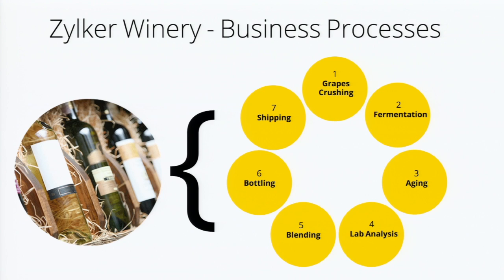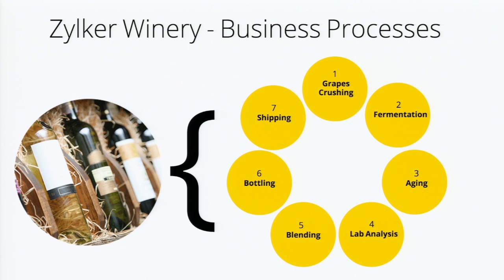If you take the Zilker Winery business process, there are different stages. This is a typical business process in a winery business where the grapes are procured and crushed, and then fermented. The fermentation is a different stage. You have primary fermentation, secondary fermentation, all those stages. Then it goes to aging, where it is stored in barrels for years.